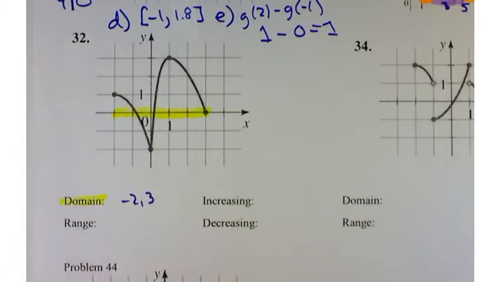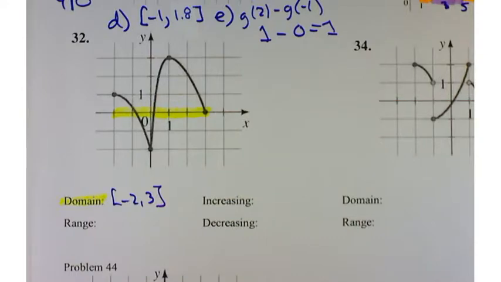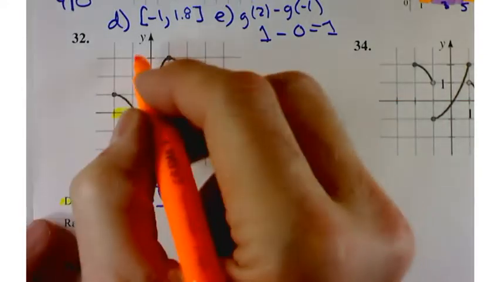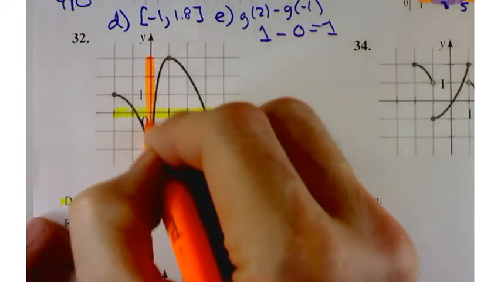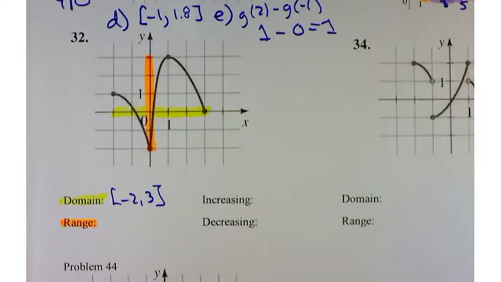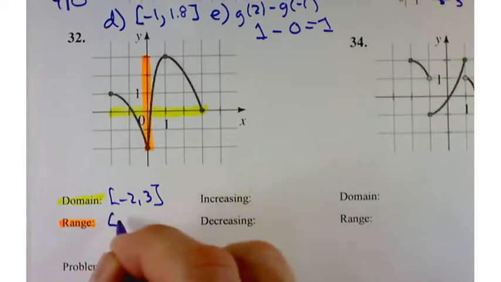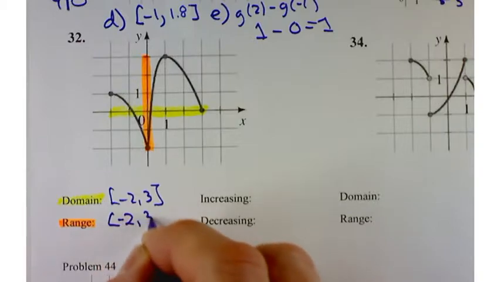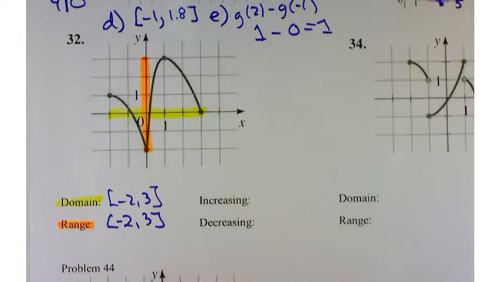Should you use brackets or parentheses? Brackets. Good. So brackets here. And then on the y-axis, something similar is going to happen as we look at the range. And the range is the same thing, right? -2 to 3 for the range.